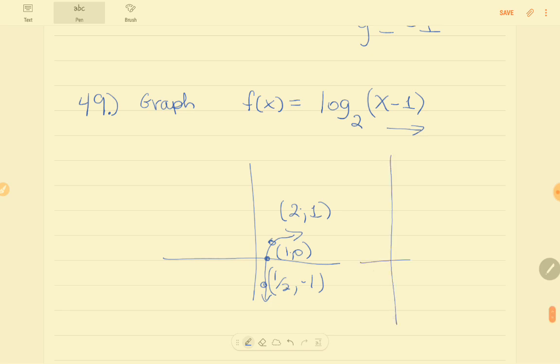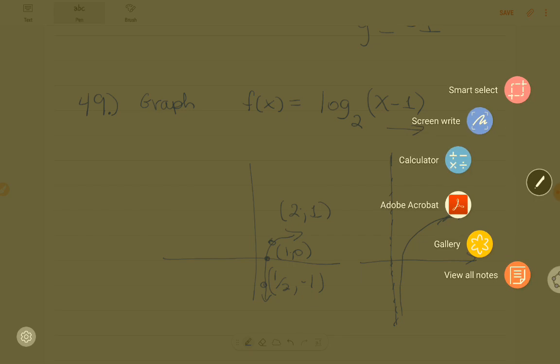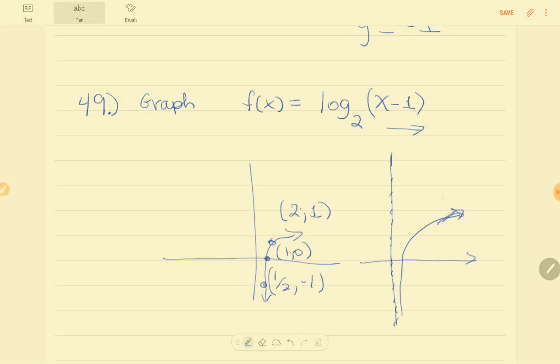So that would end up looking like, here's my original vertical asymptote that the graph never touches, right? Now that asymptote is going to be moved over 1 unit.